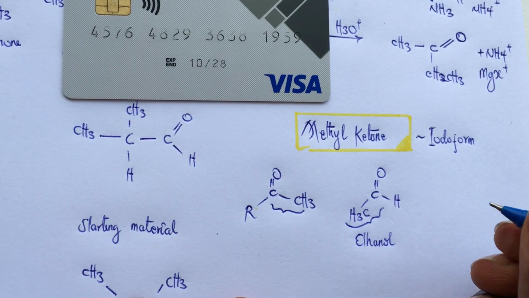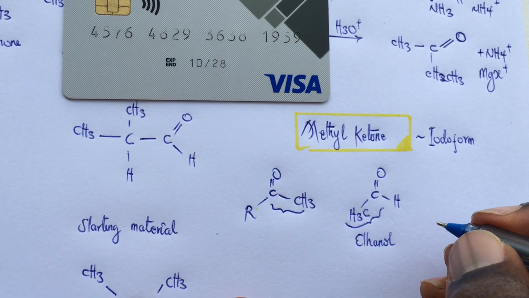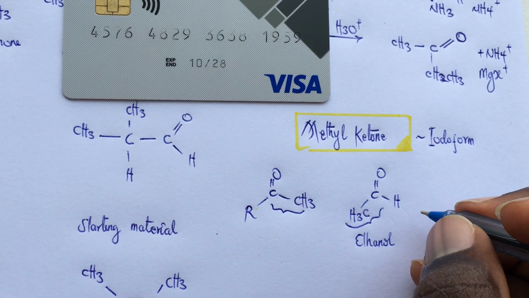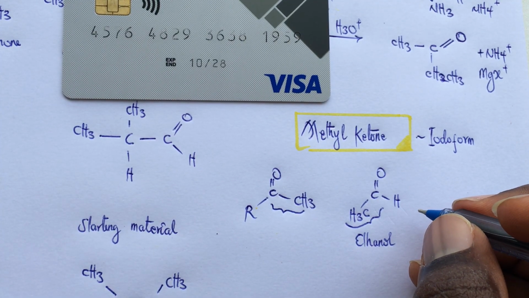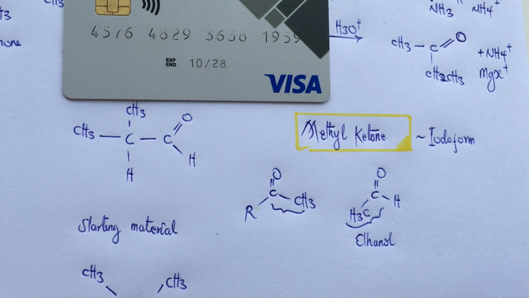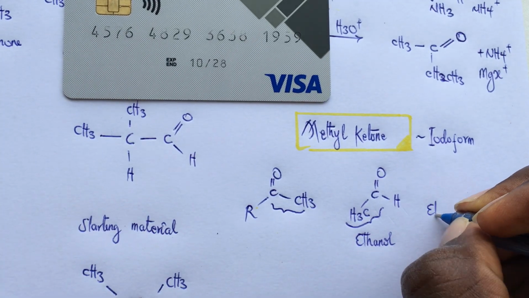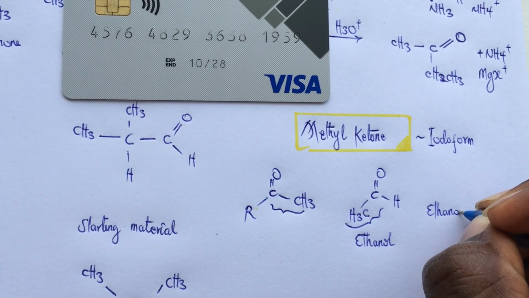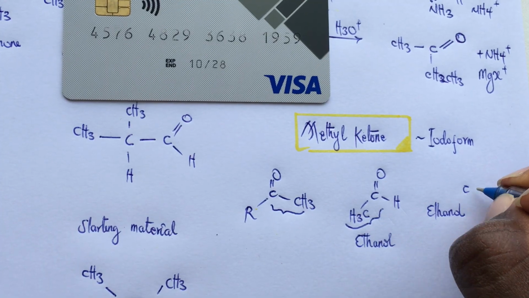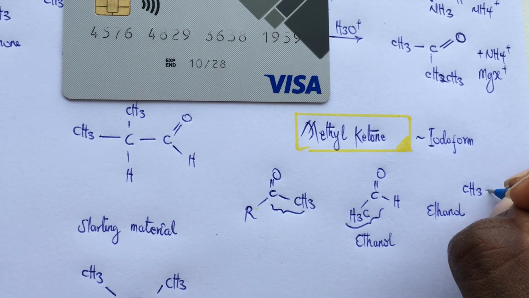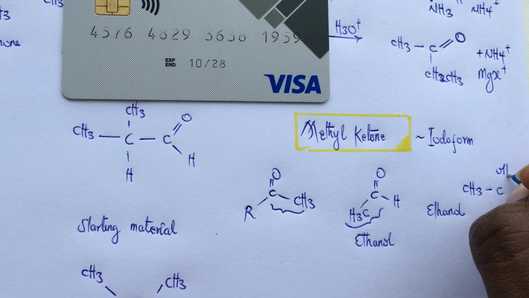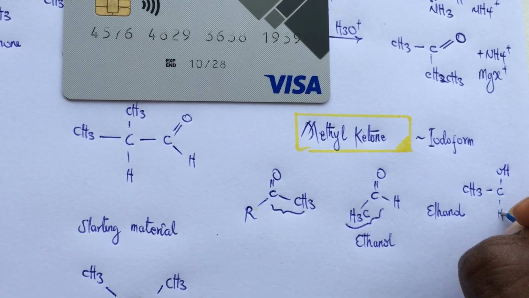And also we can have alcohols. The alcohol we are talking about here is a primary alcohol, and the only primary alcohol we are talking about is ethanol. So let me draw the structure for ethanol. I have my CH3 bonded to carbon, OH, and everything else here is hydrogen.